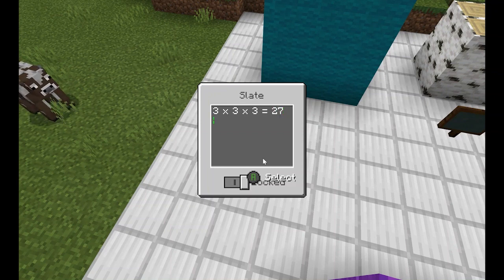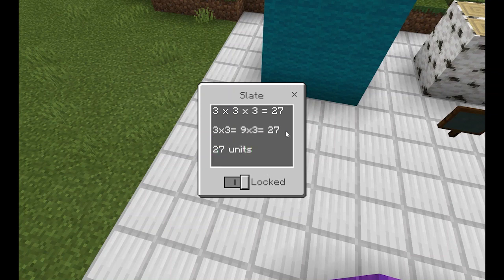You can break this down a little bit. 3 times 3 equals 9, and then 9 times that last 3 equals 27. And this would be 27 units cubed.